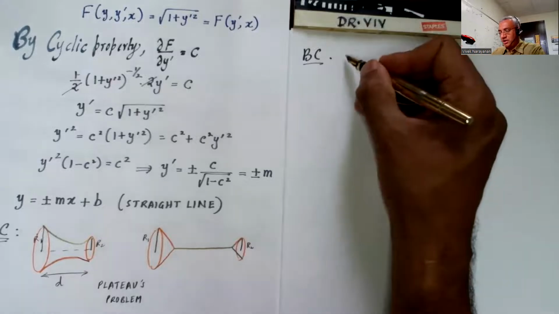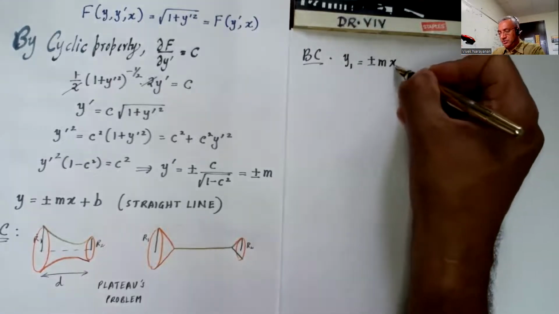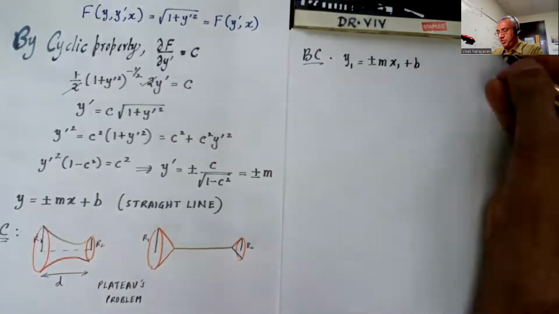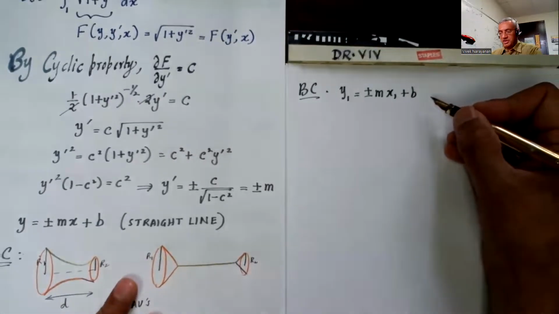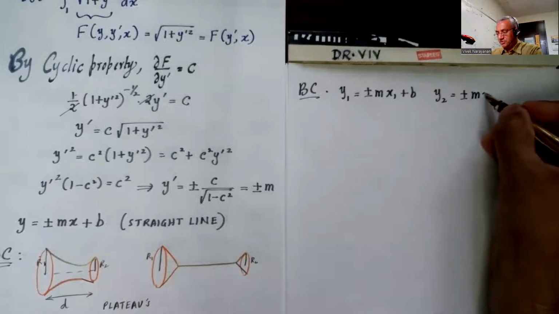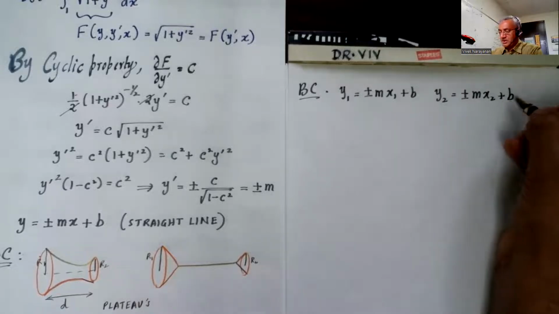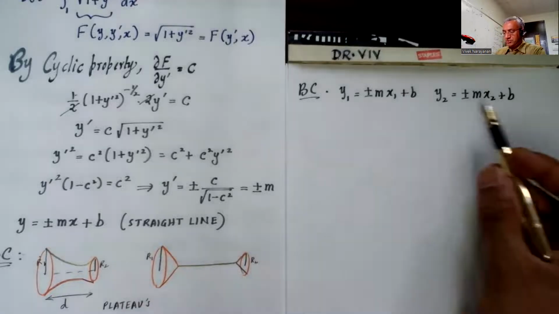At point 1, I have y1 equals plus or minus m x1 plus b. At point 2, I'm going to have y2 equals plus or minus m x2 plus b. Now the best way to solve for plus or minus m is to simply subtract the two equations.